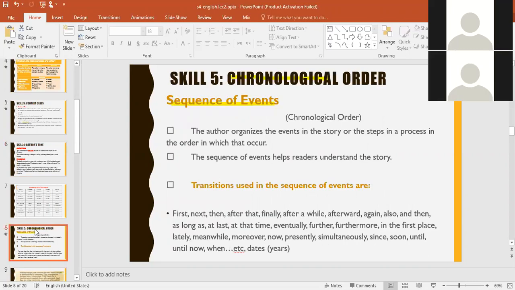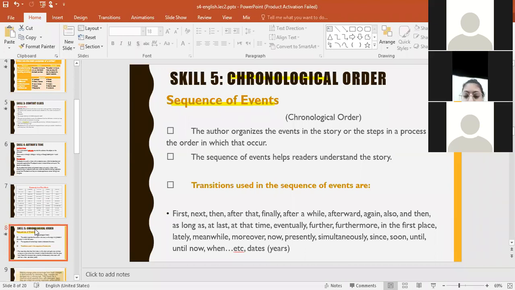Now we move to chronological order. It's a very easy skill. It's, in other words, sequence of events. What do we mean by sequence of events? I mean writing the events in the correct order. For example, what do I do every day in the morning? I wake up, I wash my face, I brush my teeth, I wear my uniform, I have my breakfast, I go to school.